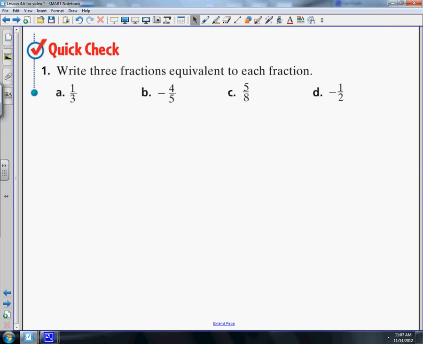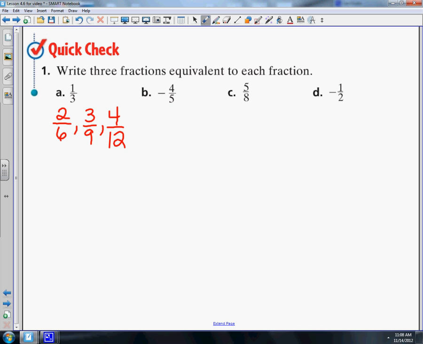All right, so it says write 3 fractions equivalent to each fraction. So fractions, these are all rational numbers. If I have 1/3 and I have to write 3 fractions equivalent to each fraction, this would be 2/6, and then 3/9, and then 4/12. 3 equivalent fractions.